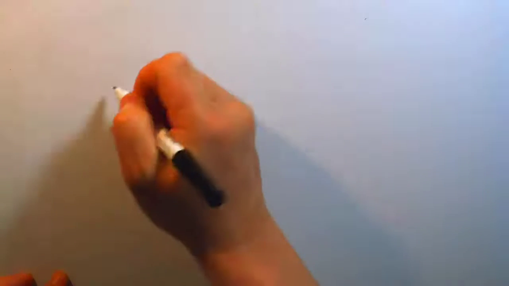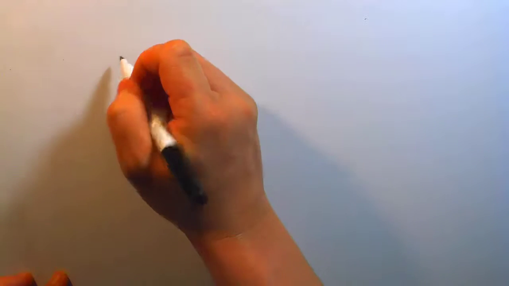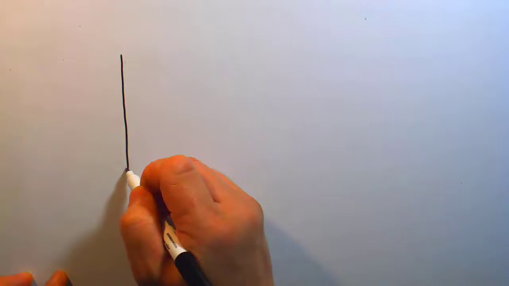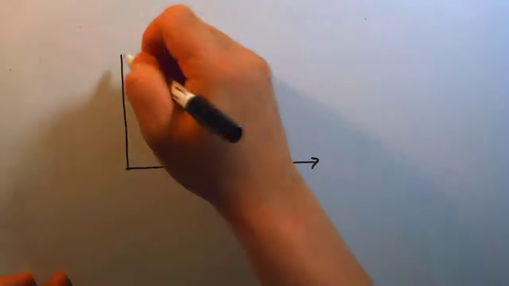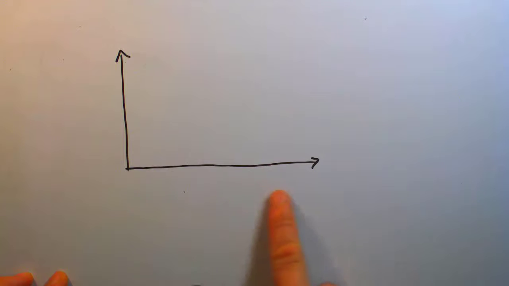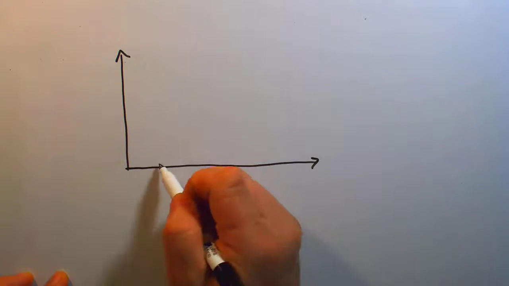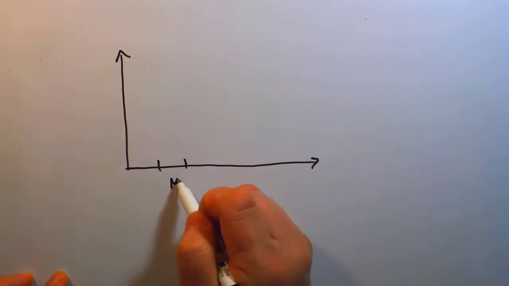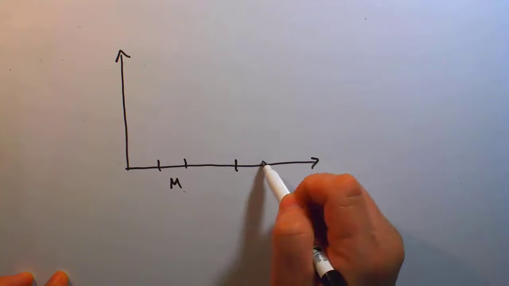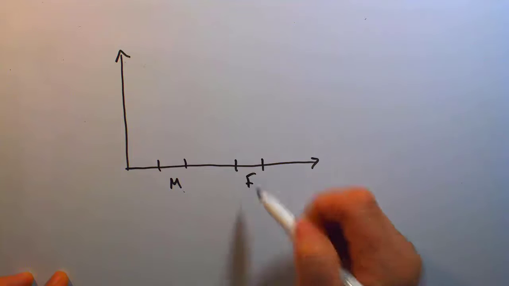Okay, and so with an empty space now, this is how the bar graph for that gender in the picture looks like. So we're still going to need to have a horizontal axis and a vertical axis, but really the horizontal axis here is simply a place to put down the categories. So I'm going to pick a space here, and I'll call that the male category, and I'll pick a different space, I call that the female category.